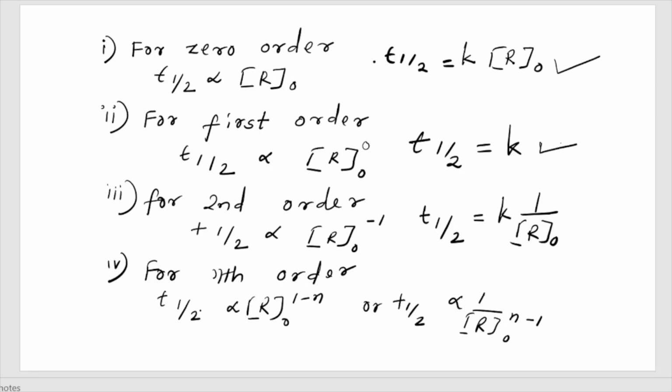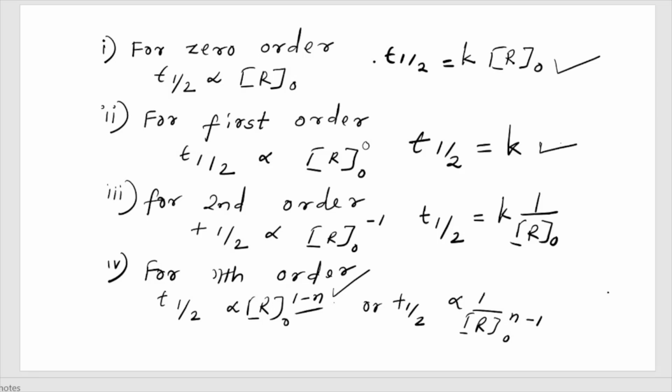For nth order, t half is proportional to R0 to the power 1 minus n. If you take n minus 1, then t half is proportional to 1 by R0, the initial concentration, to the power n minus 1.